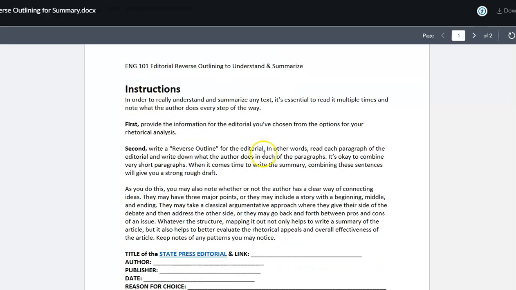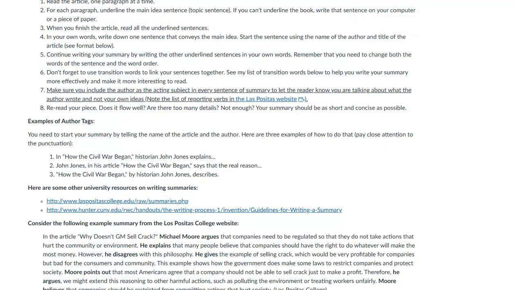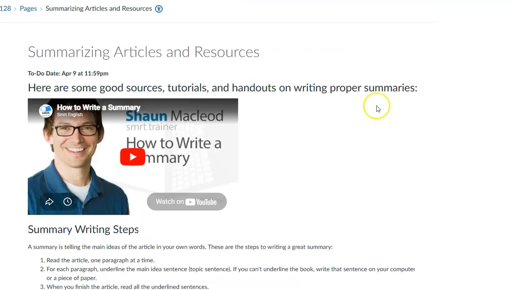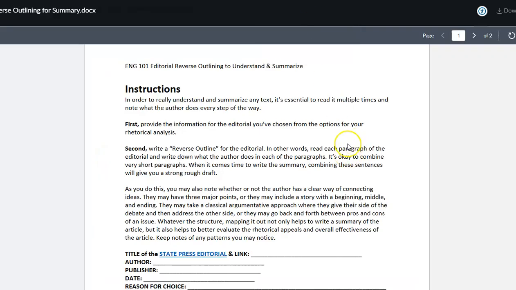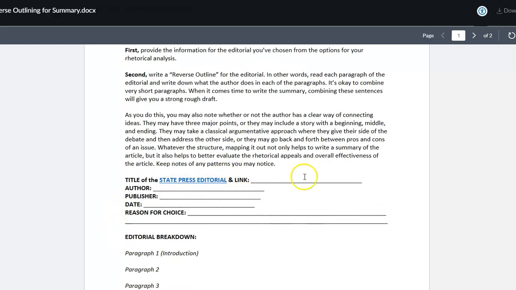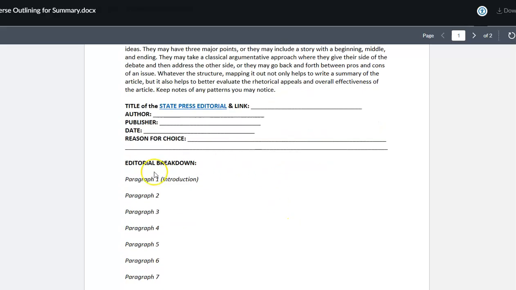You're going to refer back to the content that you covered in the how to write a summary page, and these two fit together. You're going to read over your editorial, and then tell me what it is here. Then you're going to do a reverse outline of that editorial, which is explained here.